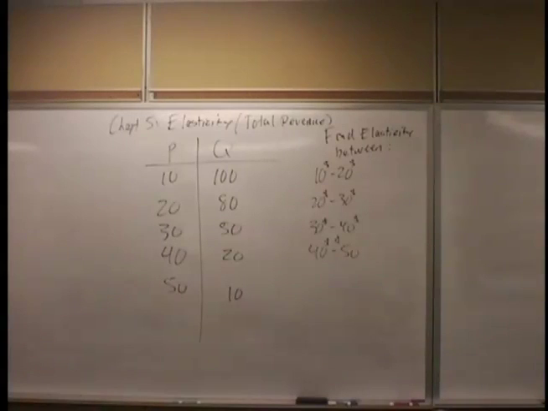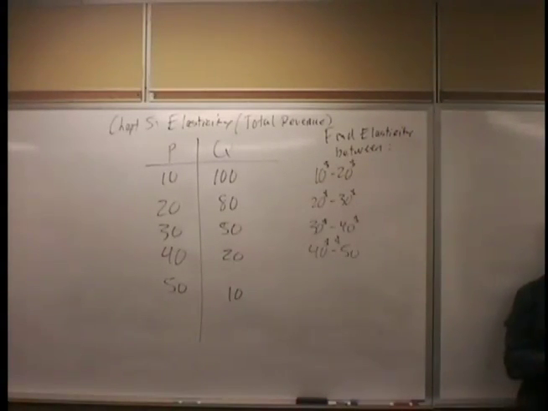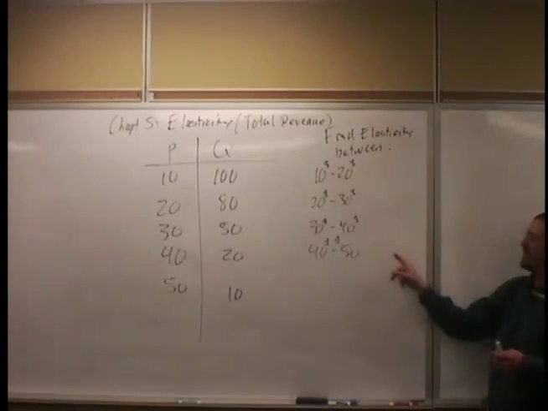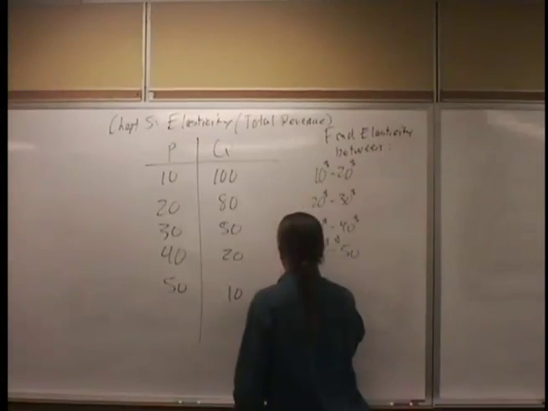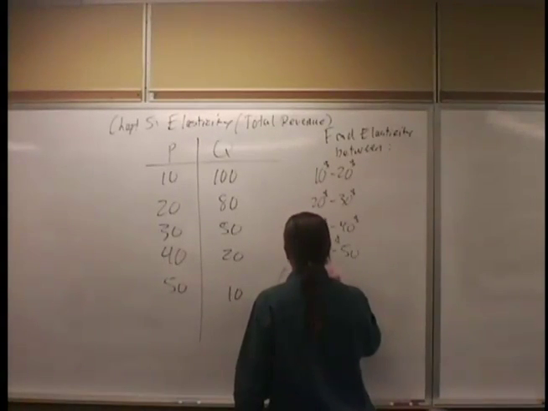And I don't want to find the value of E, that again we covered last time. Do it once, go through what the book does, follow its directions. What I'm going to ask you is, between these price points, tell me, am I elastic, inelastic, or unitary? All right? That's all I want to know.